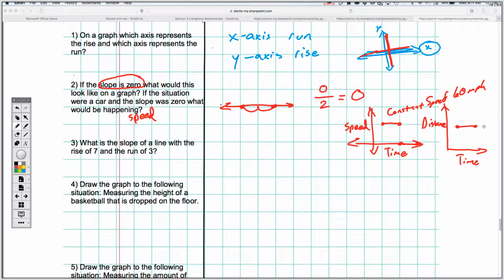Here, would it be 60 miles per hour? What would it be? 0, the distance changed, right? So 0 on the distance changed. So they look exactly the same, but just changing this label changes the whole meaning of it. All right. Okay, go ahead and copy that down so you have a few examples, because it was open-ended on whether the labels, what were you even measuring. So copy that down.